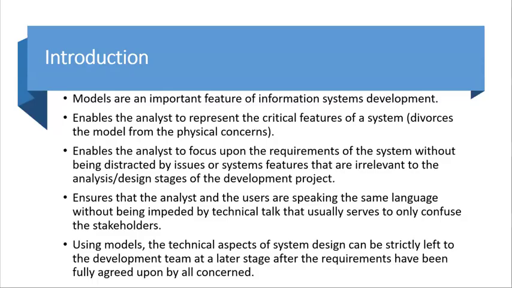So, to summarize, we are saying modeling allows the technical design decisions to be delayed until the requirements are agreed upon. Once everyone agrees on what the system must do and what data it must handle, then the development team can decide how to implement it. That sequence is key in information system development.